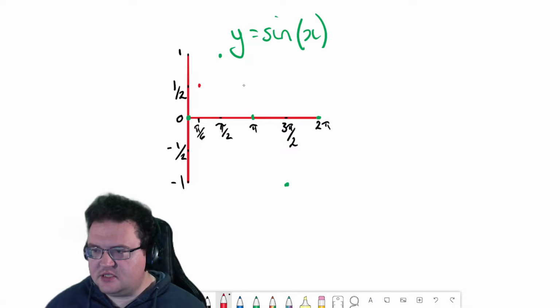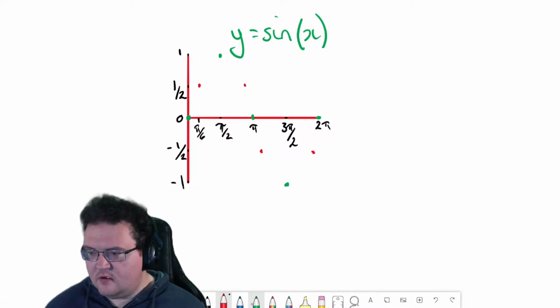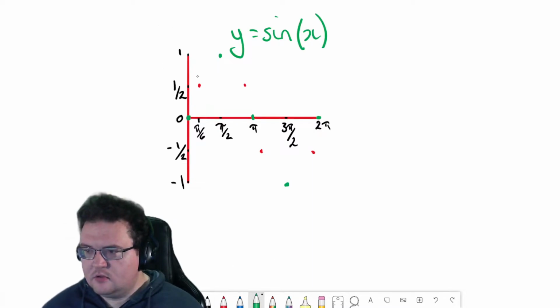It's going to be pi on 6 back from here. Then we can plot the point pi on 6 from here, and pi on 6 back from 2 pi, but of course we'd be in the negatives. And then I can join my dots together.